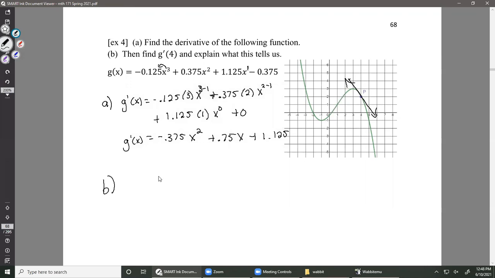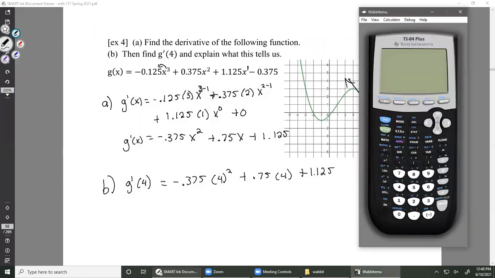So B, we have g prime of 4. That is equal to negative 0.375 times 4 squared, plus 0.75 times 4 plus 1.125. I'm going to bust out my handy dandy calculator.